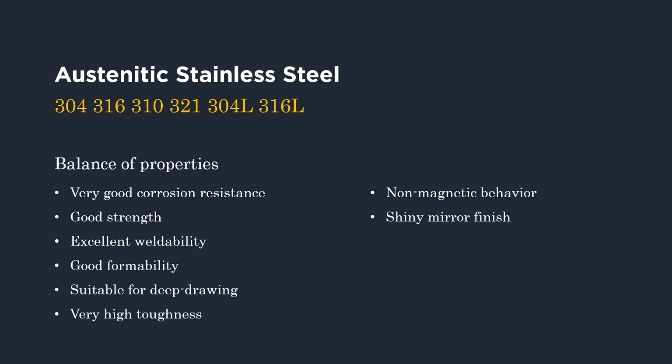This combination makes them the go-to material across almost every industry. They are also available globally and they are cost effective compared to other high performance stainless steels. For general industrial uses, austenitic stainless steel is almost the perfect stainless steel family, but they have one clear limitation.